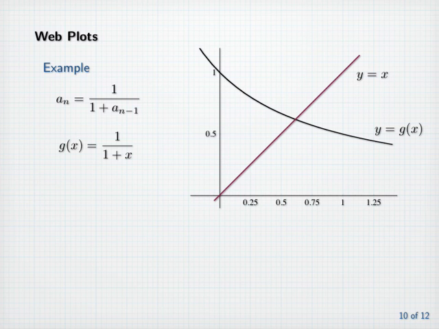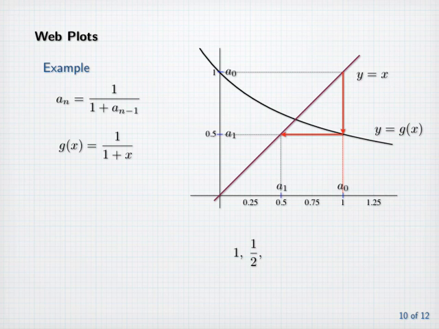Now to draw the web plot, we begin by locating a sub 0 on the x-axis. Then we go up to the line y equals x, which tells us where a sub 0 is on the y-axis. Next we draw a line from the line y equals x down to the graph of y equals g of x. The y-coordinate there is g of a naught, which is a1. Next we draw a horizontal segment from that point on the graph of g over to the line y equals x.